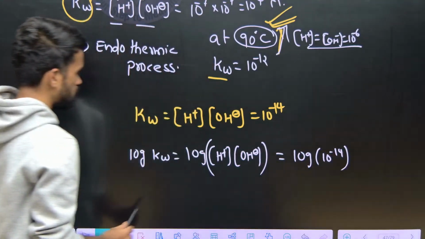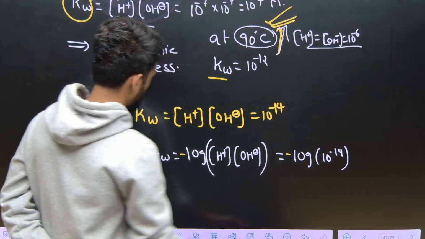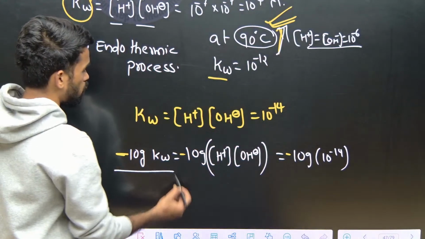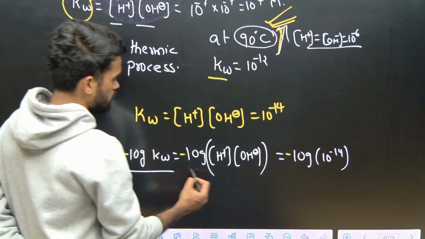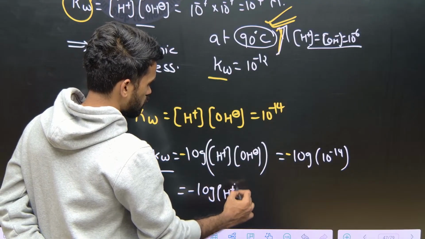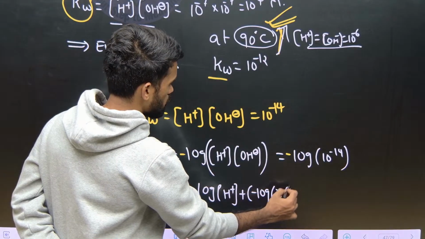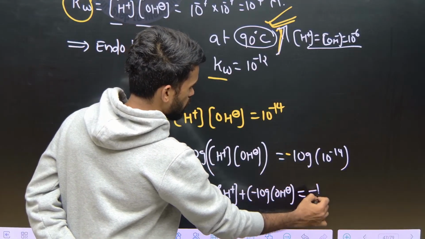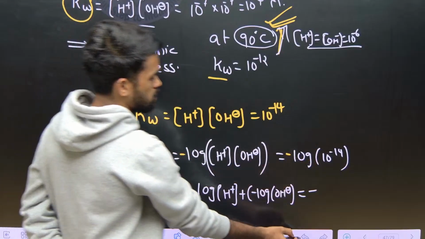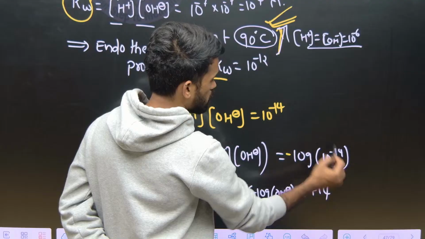And just insert a negative sign on all the sides. So minus log Kw, and this one you can write as minus log H plus ion plus minus log OH minus ion, which is equal to minus of minus 14, log 10 is 1, so plus 14.